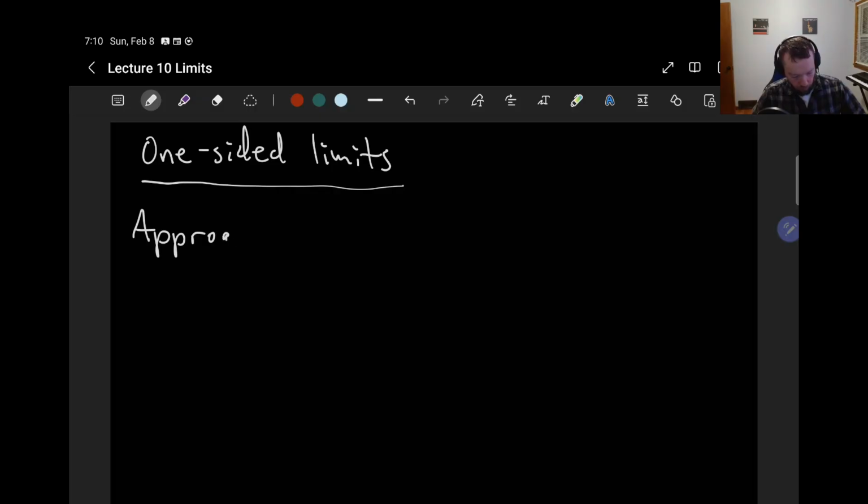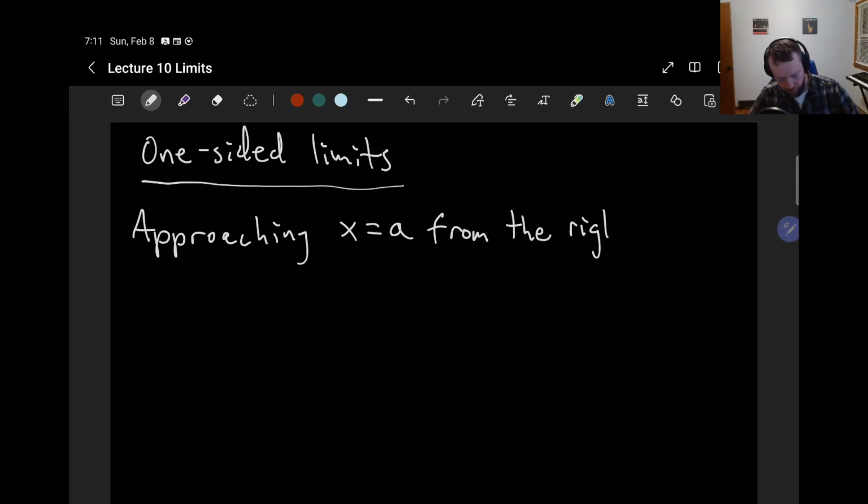So if we're approaching this x value a from the right side, and if that's all that we're concerned with, then we have a special notation for that.